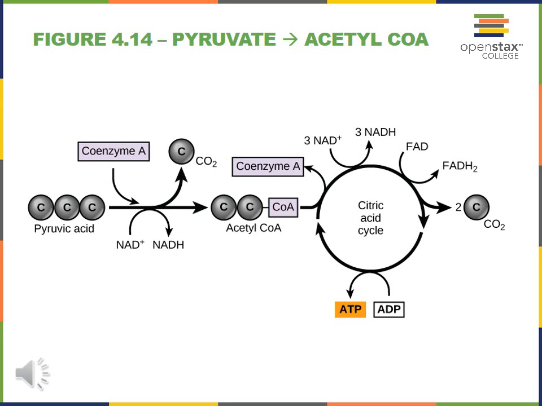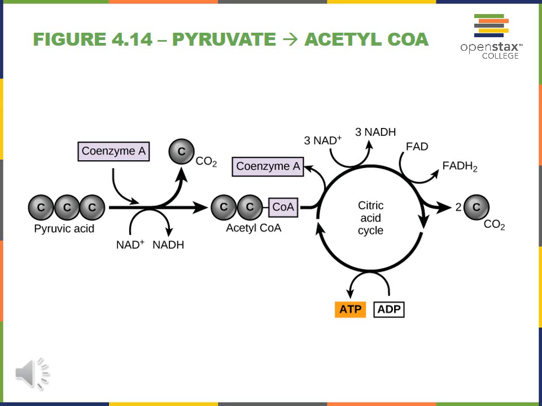And then also we have some coenzymes happening here as well. But mostly the thing you need to know is that this entire process, the pyruvate all the way down into the citric acid cycle, all happens within the mitochondria of the cell.